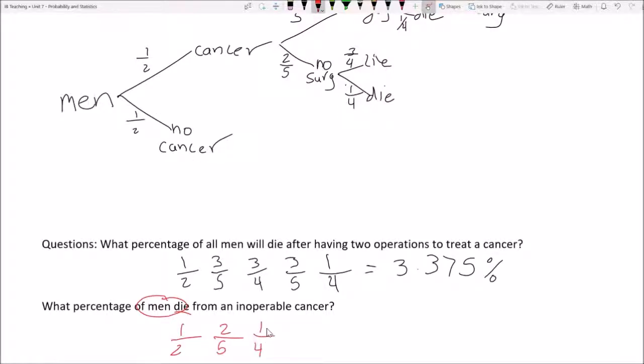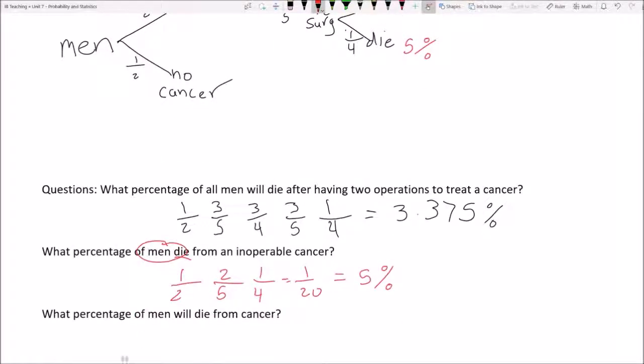So let's multiply all those together. That is 1 over 20, which is 5%. All right, so I'll label that up here as well.